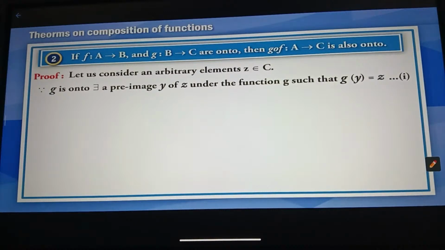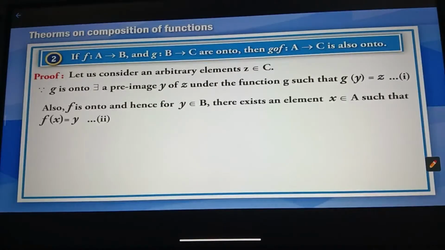Let us label this as equation 1. Also, we are given that f is onto, and hence, for y belonging to set B, there exists an element x belonging to set A such that f of x is equal to y.